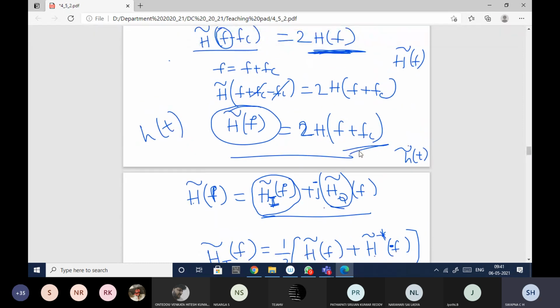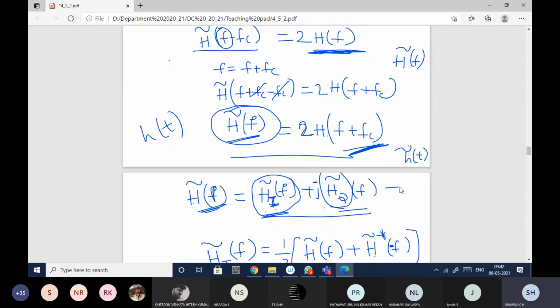From this statement we understood that we are able to get the complex envelope of the bandpass system. It means that we are able to convert the bandpass system response to the low pass representation. Since we are able to get H tilde of f, we can write that complex envelope in terms of the in-phase component and the quadrature component. The in-phase component is H_I tilde of f, and the quadrature component is H_Q tilde of f.